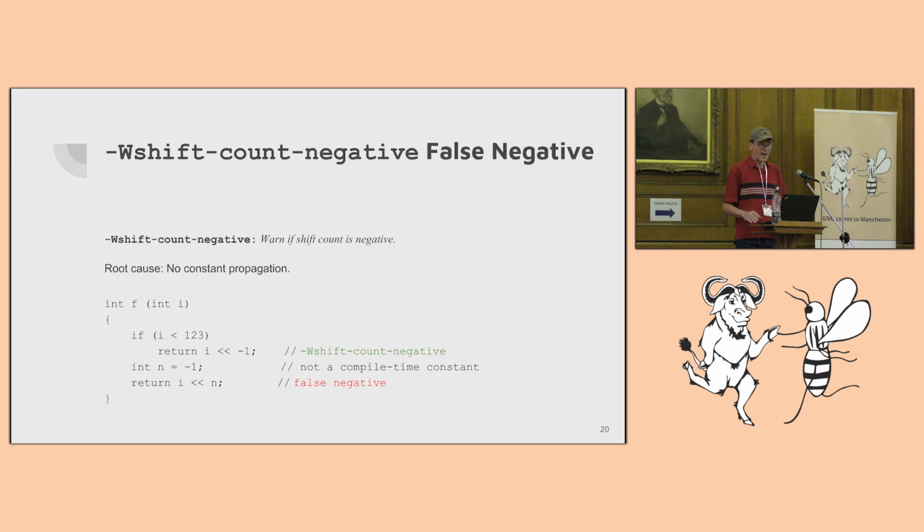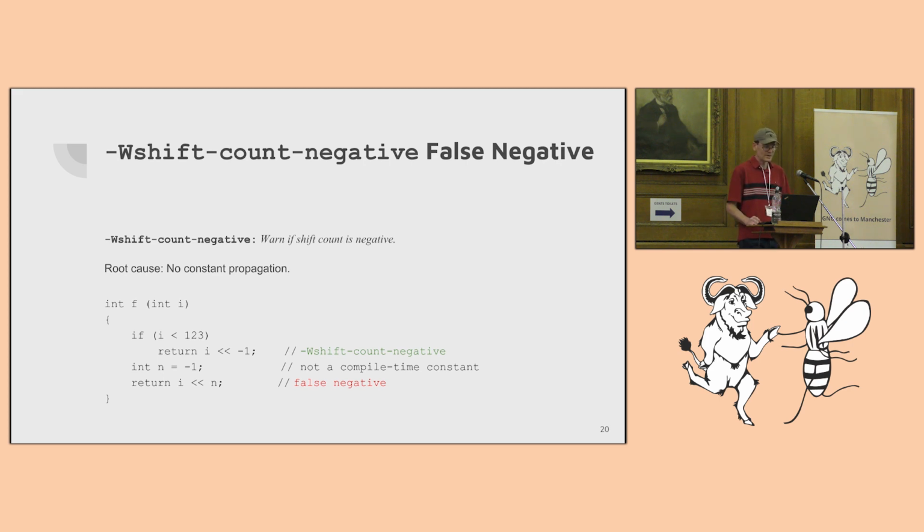The shift count warnings are notoriously prone to false positives and negatives as a result of their inability to see more interesting dependencies than the folder provides. They are implemented both in the front end and partially in the middle end, in the folder in particular, but they have no access to constant propagation.